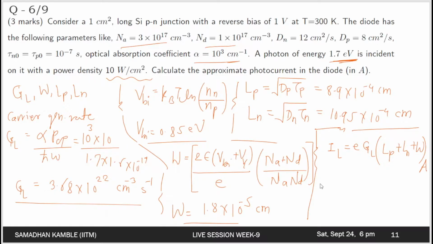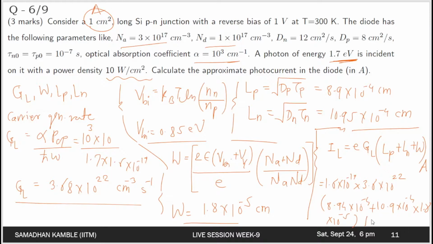So if you just substitute again, 1.6 times 10 to the power minus 19 times the GL that we got, 3.6 times 10 to the power 22 times LP plus Ln, which is 8.94 times 10 to the power minus 4 plus 10.9 times 10 to the power minus 4 plus the width, that is 1.8 times 10 to the power minus 5, times the area, which is 1 centimeter squared.